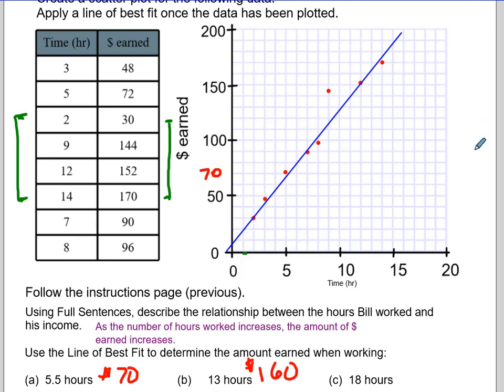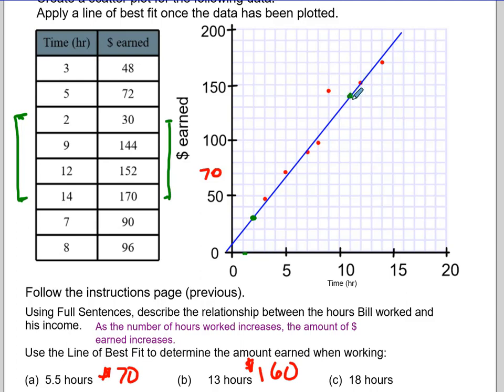So let's find something that's super easy to read, where the line crosses. That one's pretty good right there. Boy, I'm lucky. I kind of have two data points that actually work. So in this case, I've got one here, and it's a shared data point, so I'm going to go with that one. And then this one up here, now let's go with this guy. I'm going to say this one just for it to be a little different.